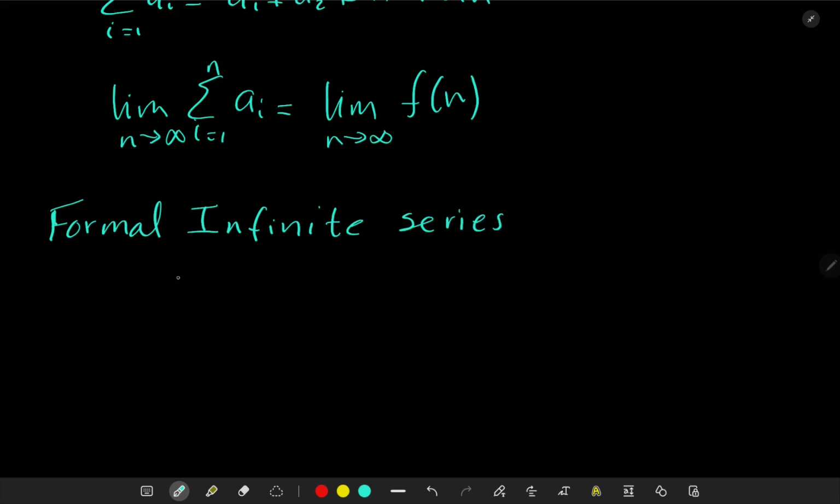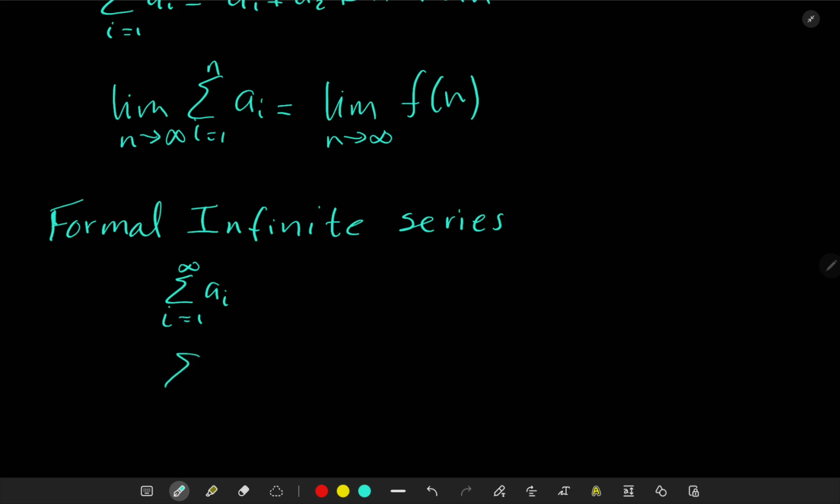That's going to be something of the form the sum from i equals 1 to infinity of a sub i. It's going to be called a formal infinite series because we're just going to define this as an object. We're not going to care whether this is a number, or whether this adds up to something or not. We're just going to write it algebraically. So the question will be, when can this sum add up to something?